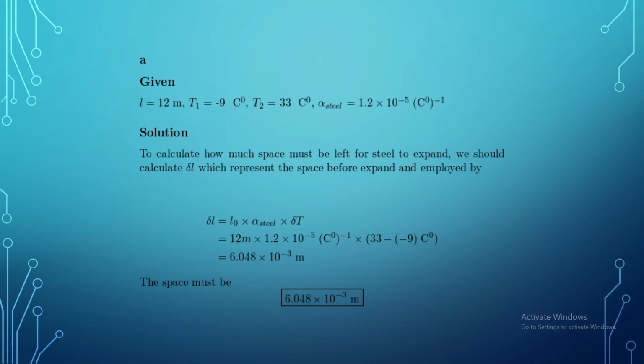So 12 times 1.2 times 10 raised to negative 5 times (33 minus negative 9), which is equal to 6.048 times 10 raised to negative 3 meters.